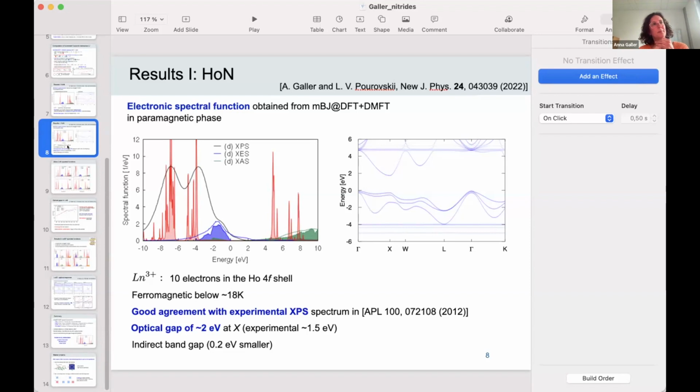Of course. My brief follow-up then is, I was just curious about the lanthanum mononitride. Does that have occupied F electrons? No. So what does the DMFT approach really change? For the lanthanum mononitride you don't need the DMFT for the band structure.